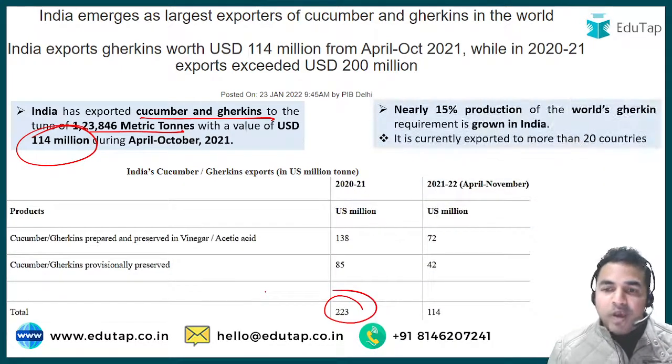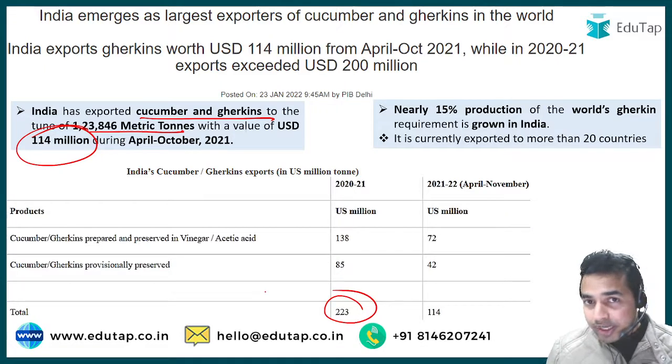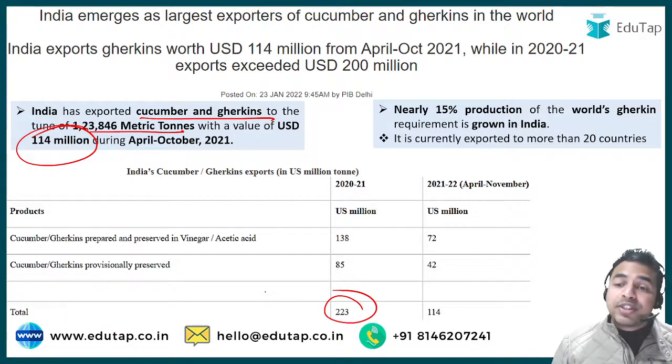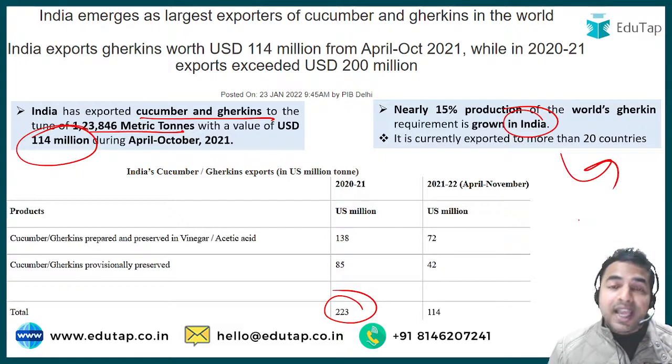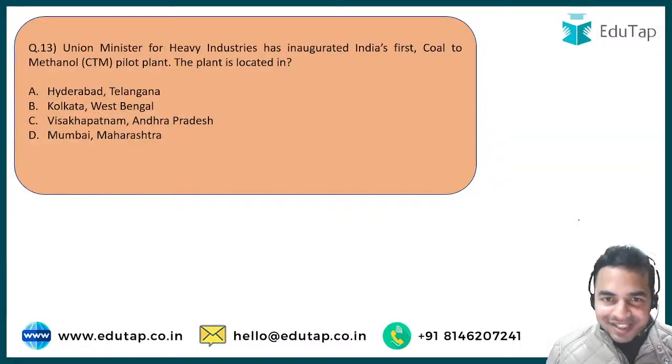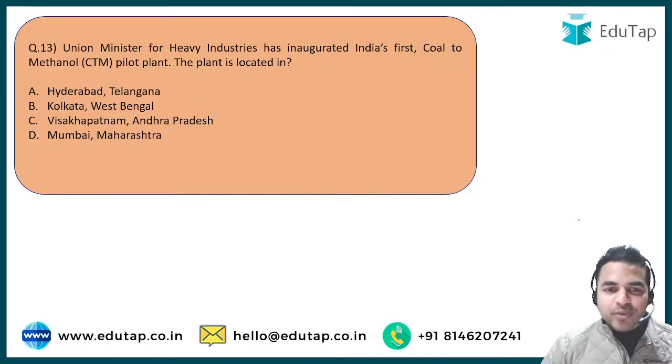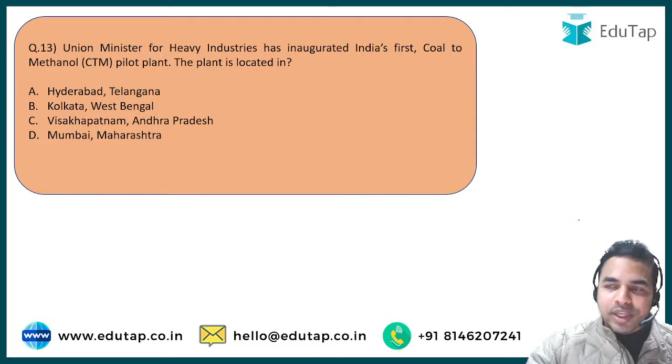Nearly 15% of the world's gherkin production is provided by India, and it is currently exported to more than 20 countries across the world. So the major important part here is that India has emerged as the largest exporter of cucumber and gherkins in the world.